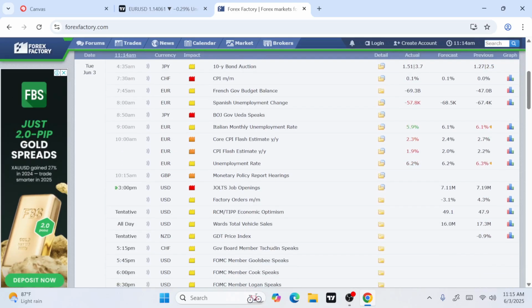Yes, NZD is here, but it's not a strong impact news. Yellow folder means what? Low impact. Orange folder means what? Mid impact. Red shows that high impact, strong impact news. Do you get it now? So are we getting it, please?